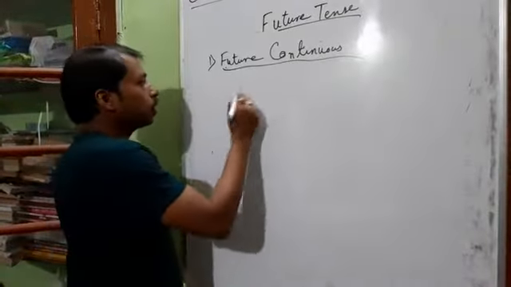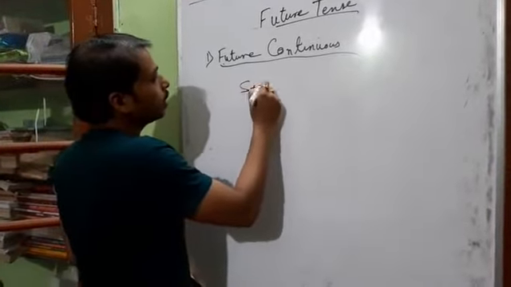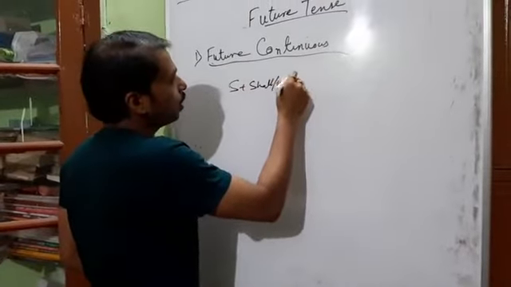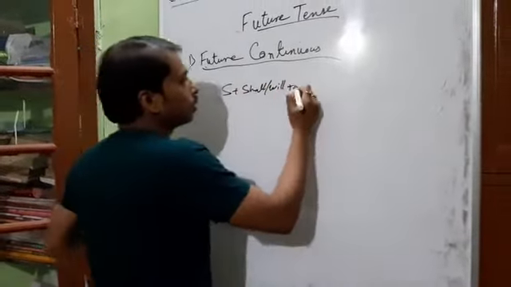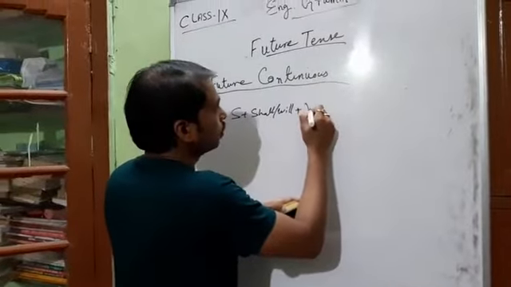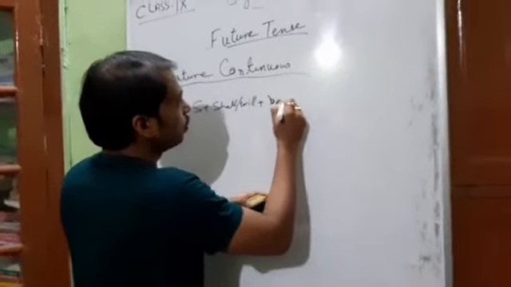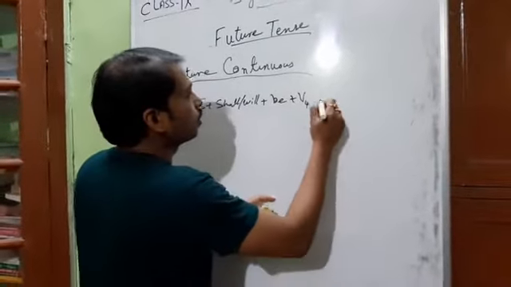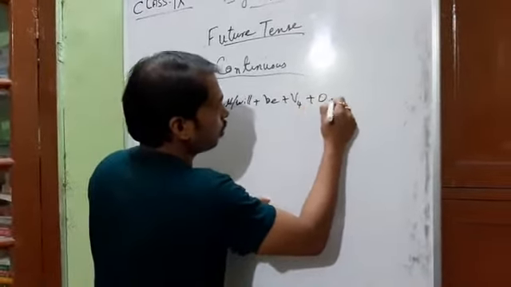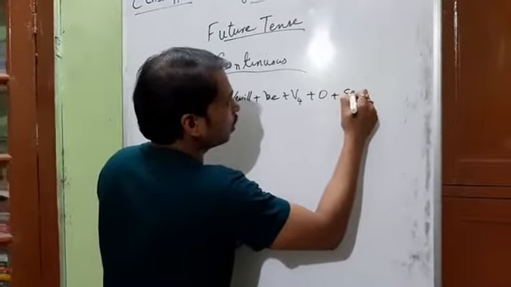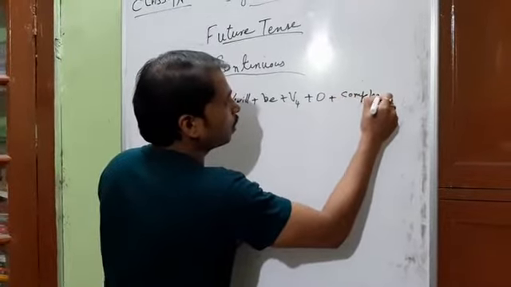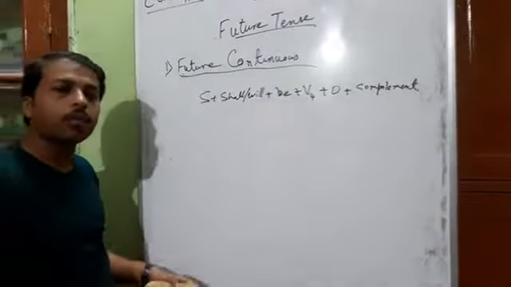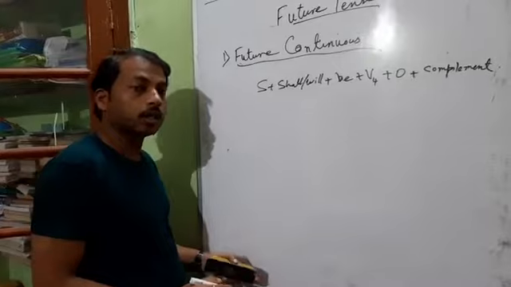So coming to the formation, subject plus shall or will plus be plus V4 plus object plus complement. This is the formation of future continuous tense.